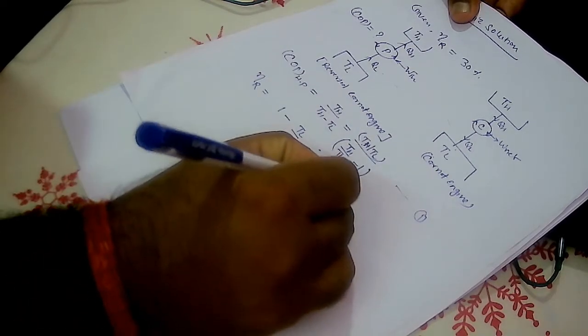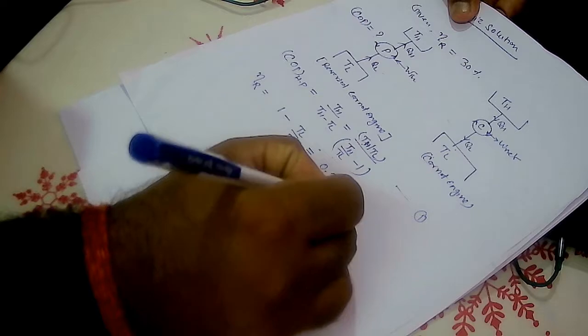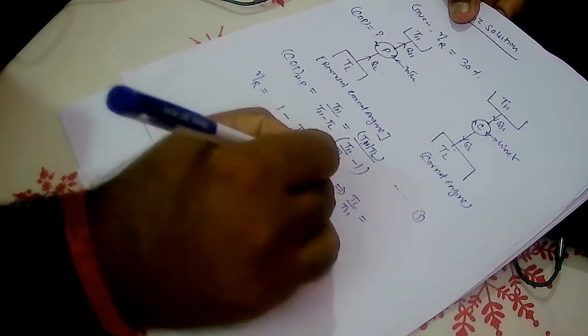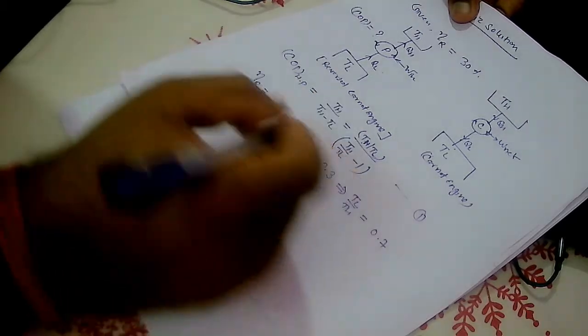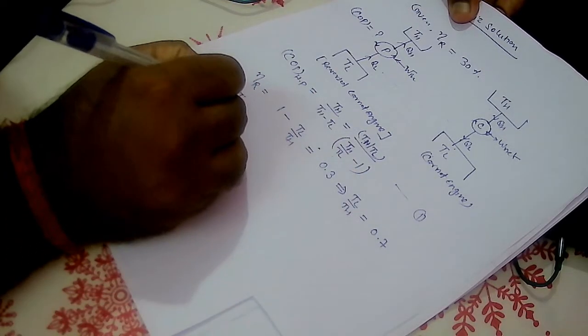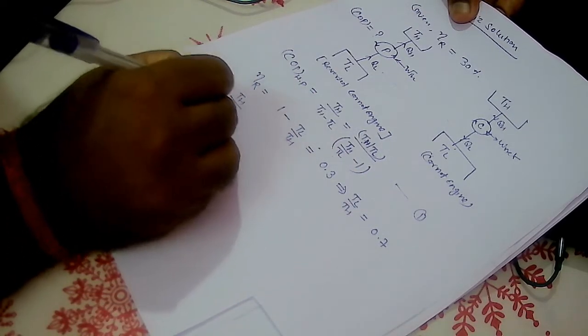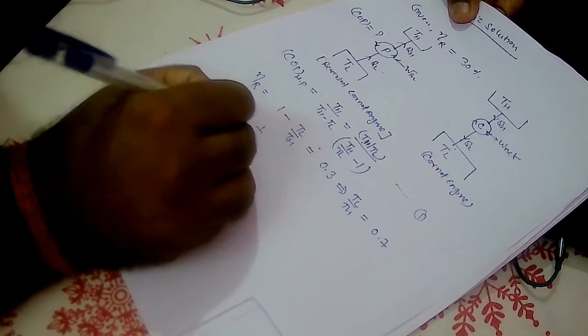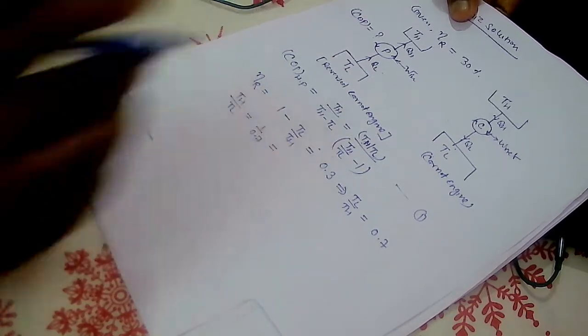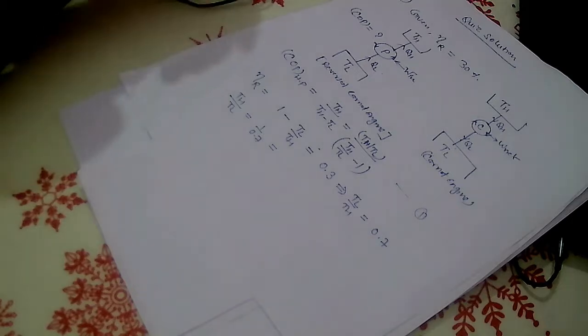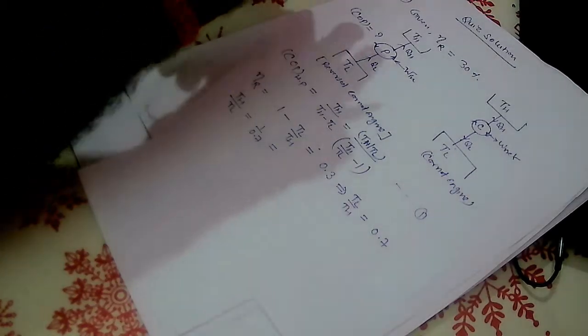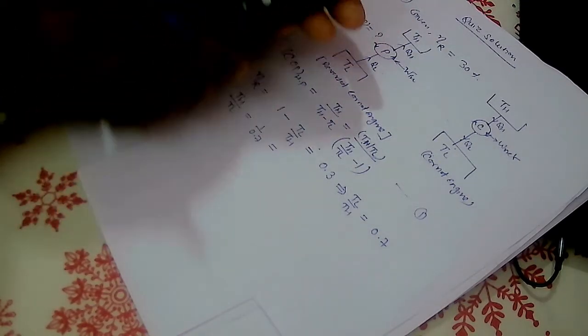From here we can say T lower divided by T higher is equal to 0.7, or T higher divided by T lower becomes 1 divided by 0.7 if you substitute in the calculator. This is my calculator, which I am using.